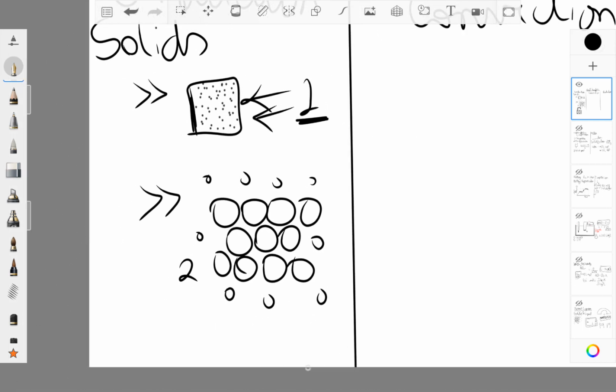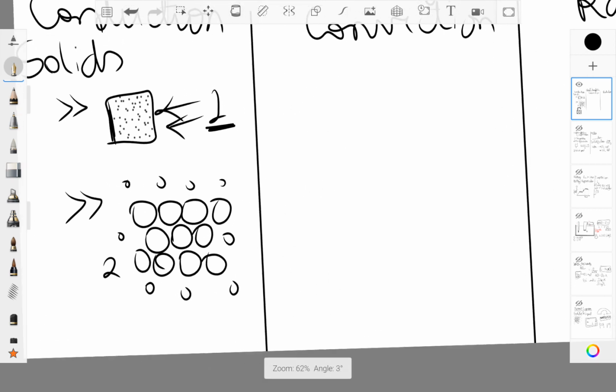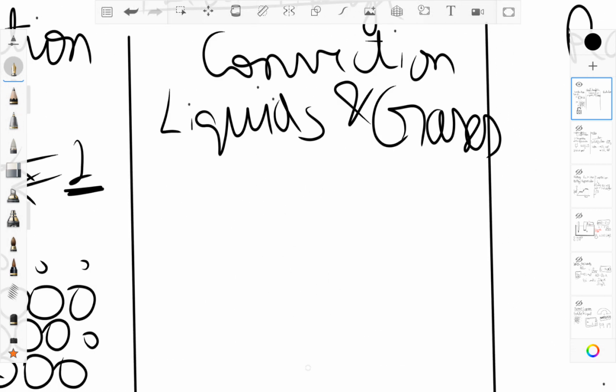And the same can be applied to most liquids. And obviously, because conductors can experience conduction in two separate ways, we can say that they're better conductors of heat than insulators. And that's conduction done.